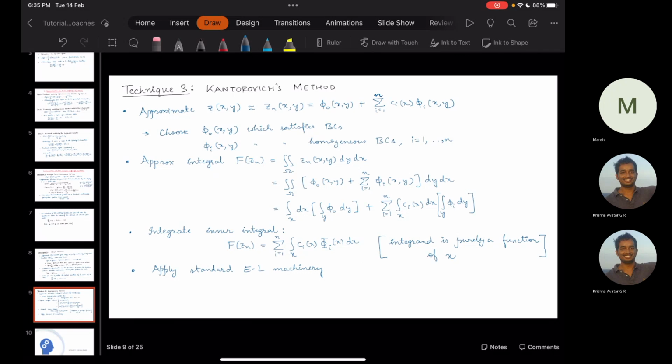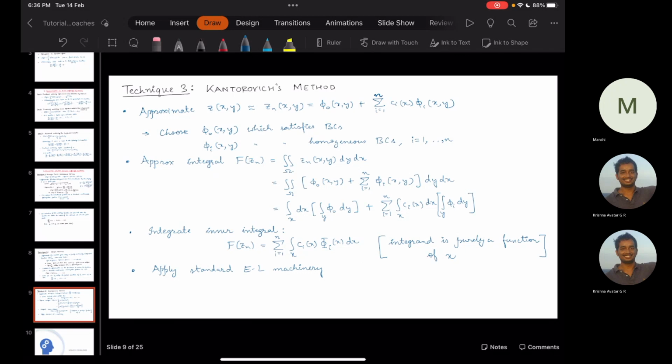Okay. The next step in our procedure is approximating our integral, which happens to be our function f of zn, where we have substituted the approximate expression for z, which is zn, as the argument of this function.